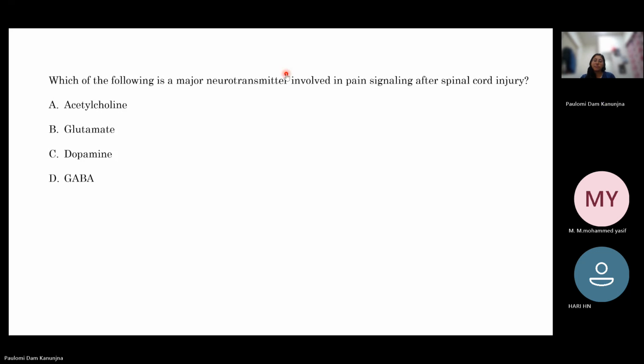Any idea? Let me tell you. So it's glutamate, right?